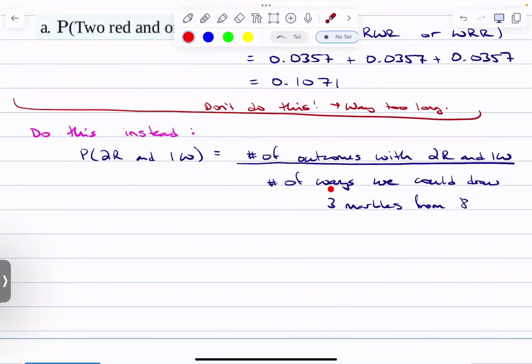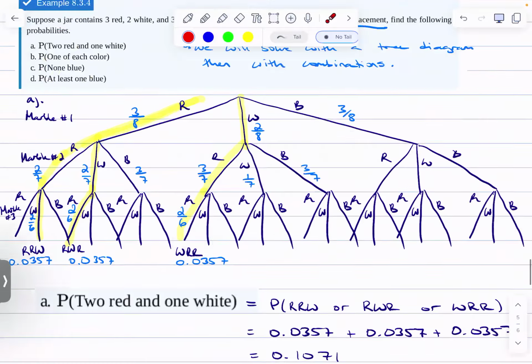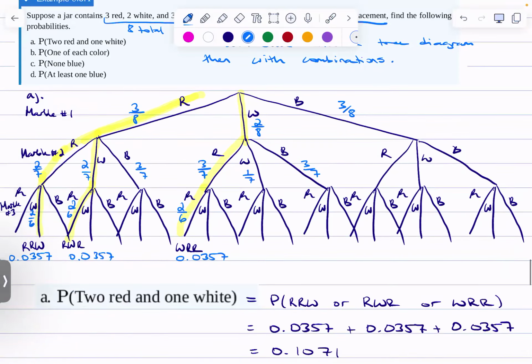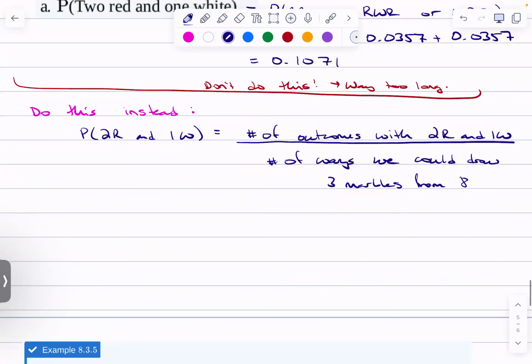Let's start with the number of ways that we could draw 3 marbles from 8. And so that's any 3 marbles out of those first initial 8 marbles, right? Because we had 3 plus 2 plus 3 marbles, which makes 8 total. So that's where that 8 comes from. Same as in the denominator in the tree.